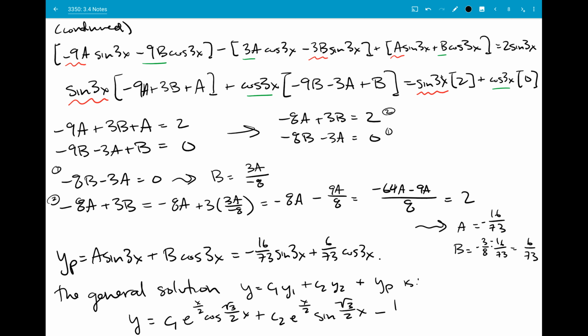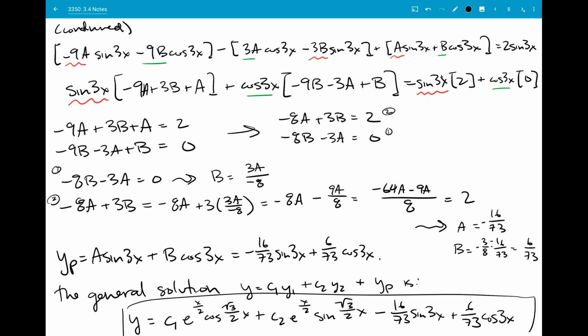So plus negative 16 over 73 sine 3x plus 6 over 73 cosine 3x. And it's a big mess, but we did find that solution, so that's what's important.